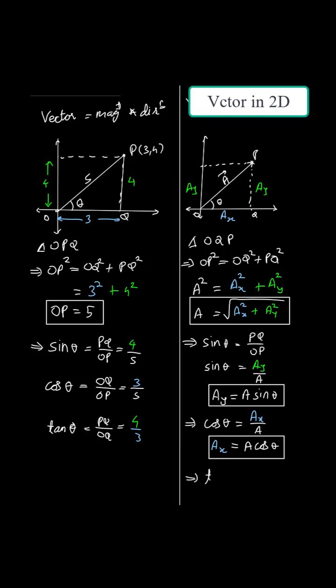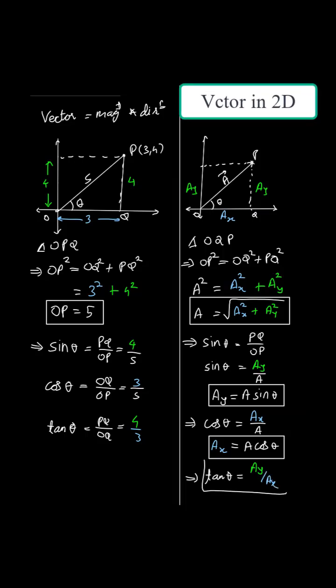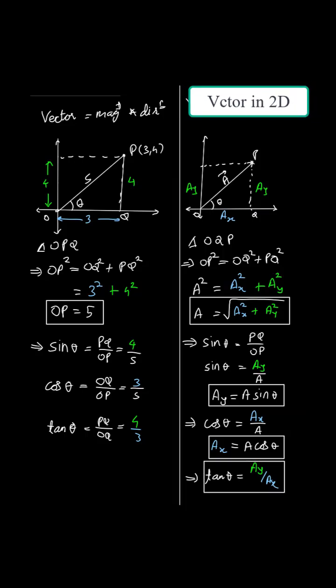And finally, tan theta is opposite upon adjacent, or we can say Ay upon Ax. This will be helpful to get the direction of the vector. So, ta-da!